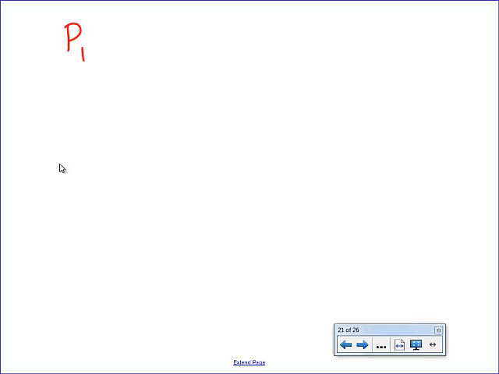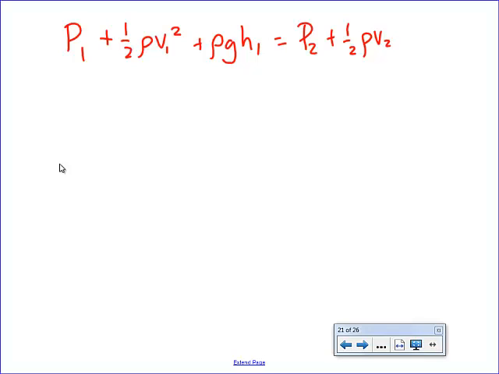For that pipe, the pressure on the left-hand side could be written like this. And on the right, a similar expression. Now what I'd like to do is subtract the left side from the right side.